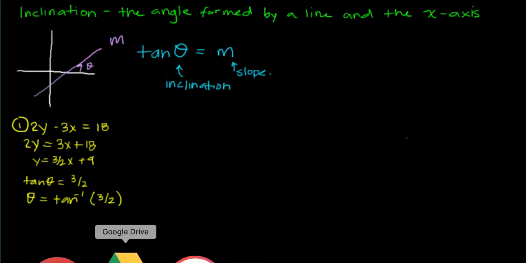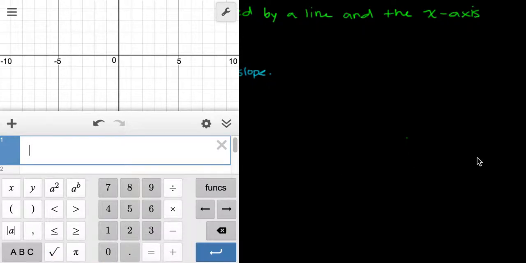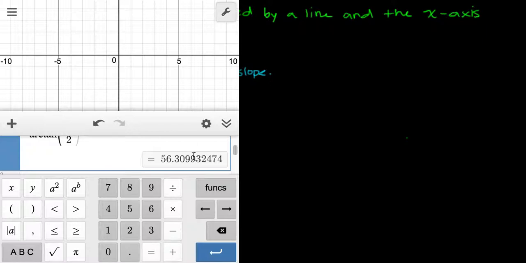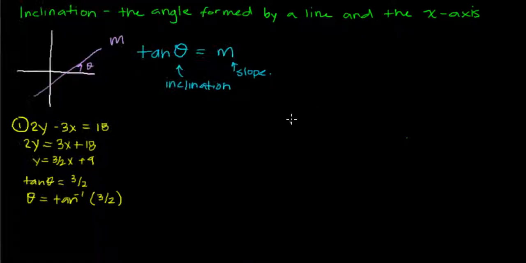So we take out our calculator and make that calculation: the arctangent of 3 divided by 2. What we end up finding is that our inclination is 56.3 degrees. So we'll just write that in there: theta equals 56.3 degrees.